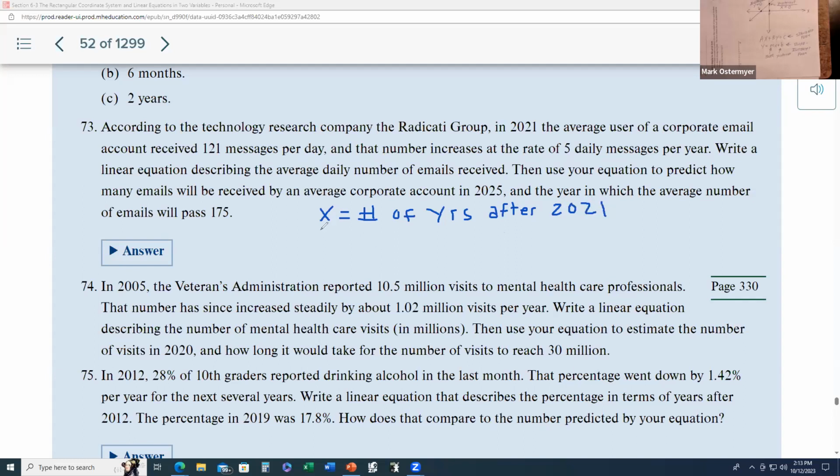And I want you to let Y represent the average number of emails. We'll just say number of emails, okay? All right, go ahead and write a linear equation and try to answer these questions. We'll call this classwork number 2 here. Classwork 2. All right, go ahead.